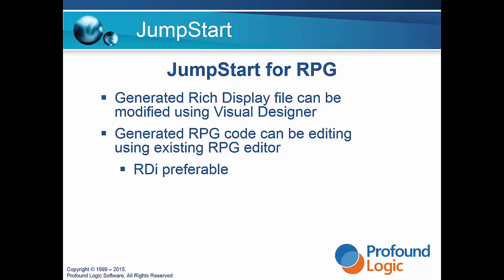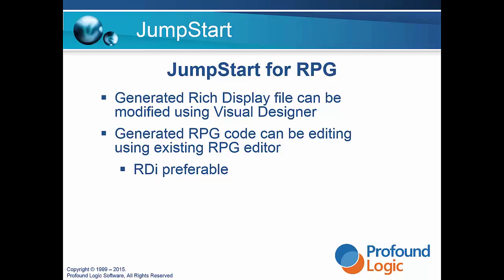So after you've generated a program, which is a display file and the RPG, you can then go, of course, use the Visual Designer to modify the rich display file for your own purpose. This may be, for example, adding an extra field or extra buttons for extra functionality.